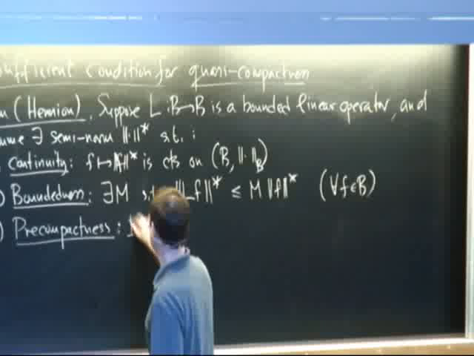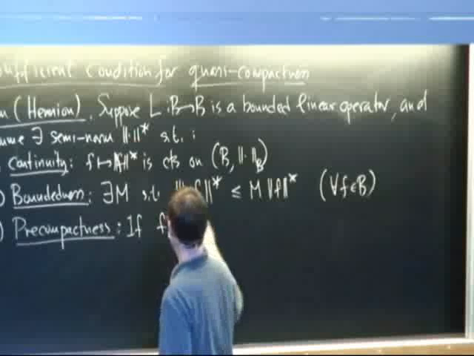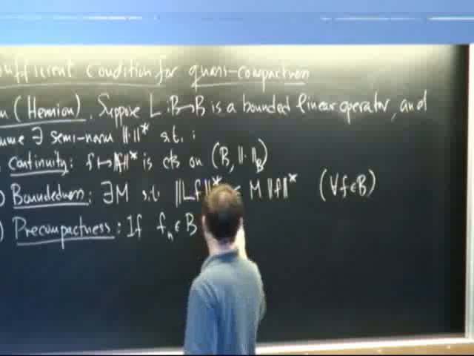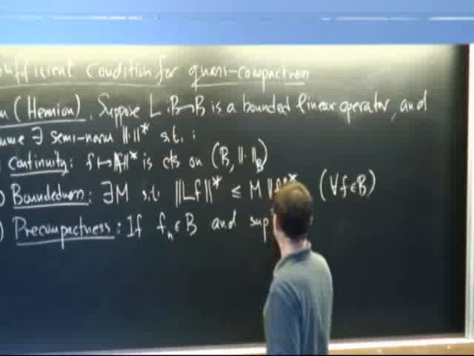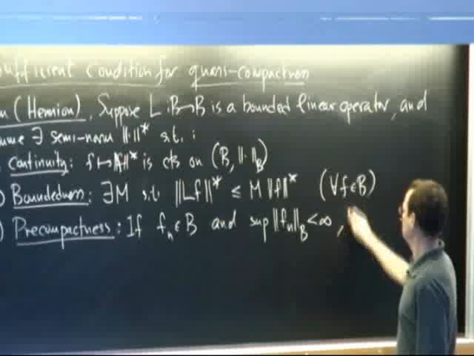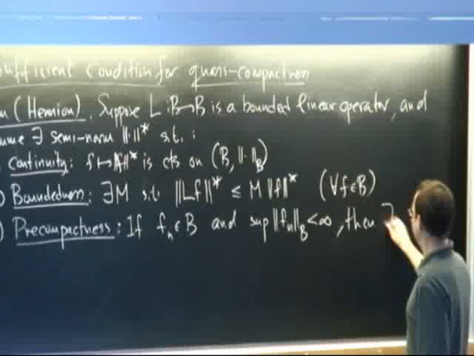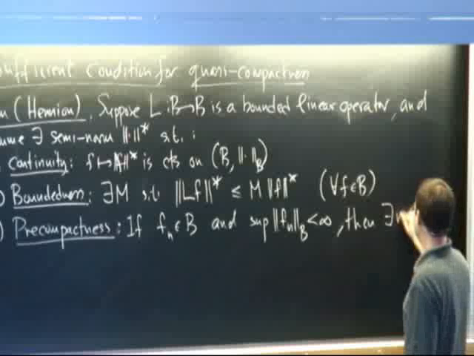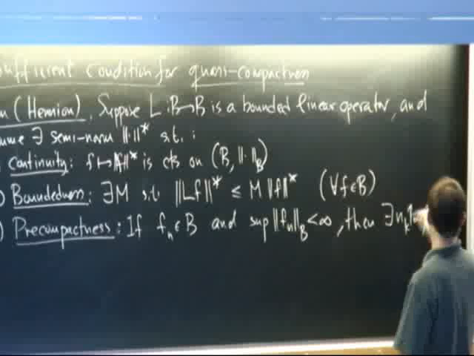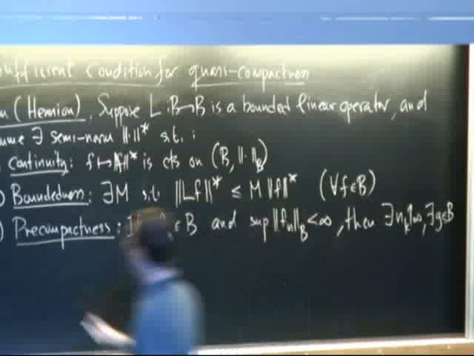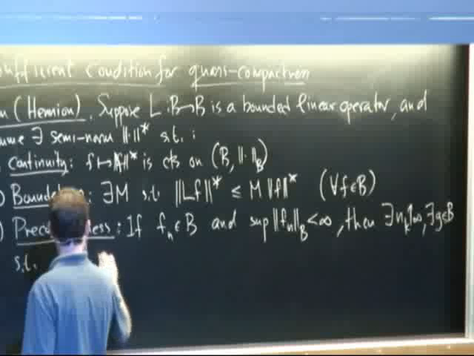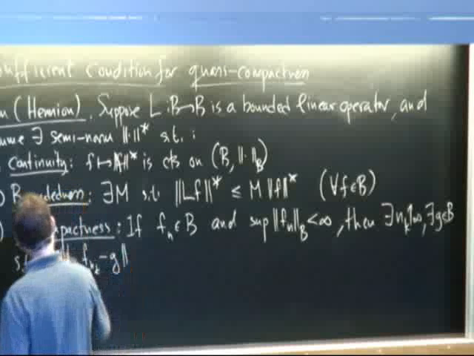If you have a sequence of elements in the Banach space whose norm is bounded, then there exists a subsequence and there exists an element G of the Banach space such that L, F, and K converges to G with respect to the weak norm, with respect to the seminorm.